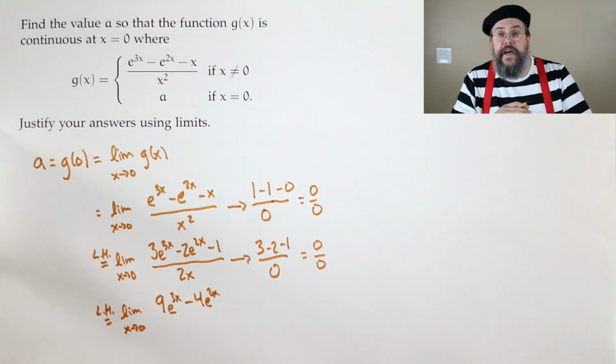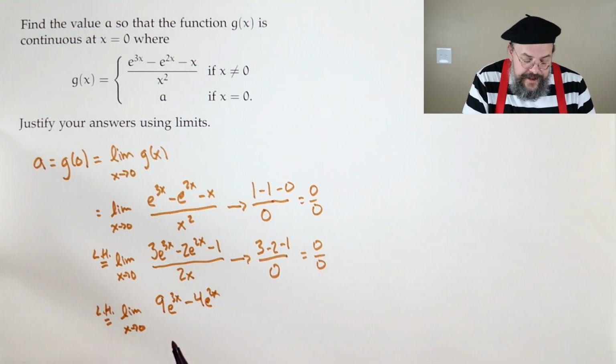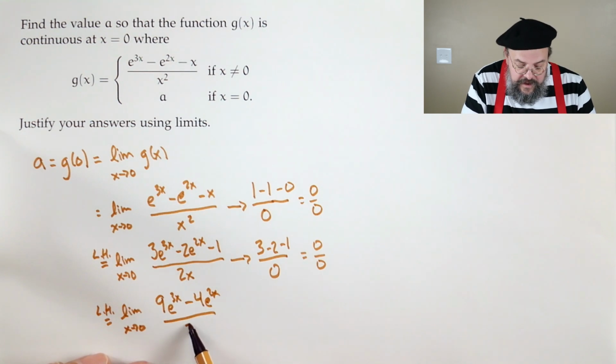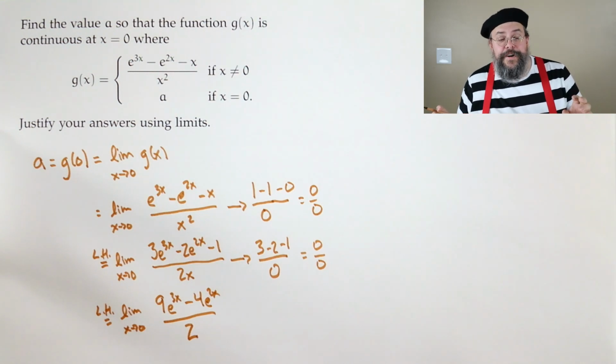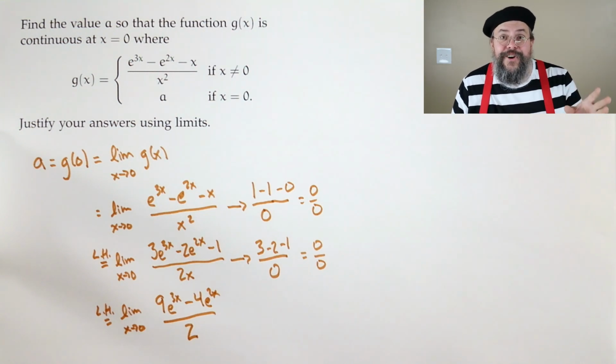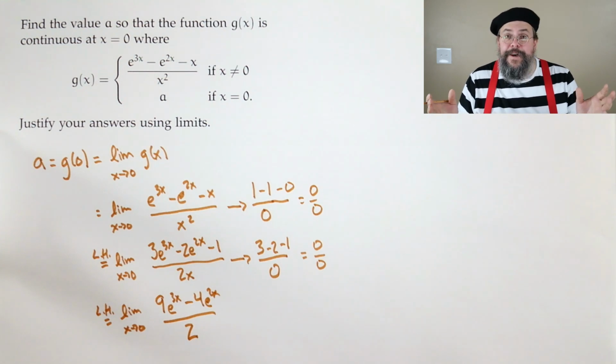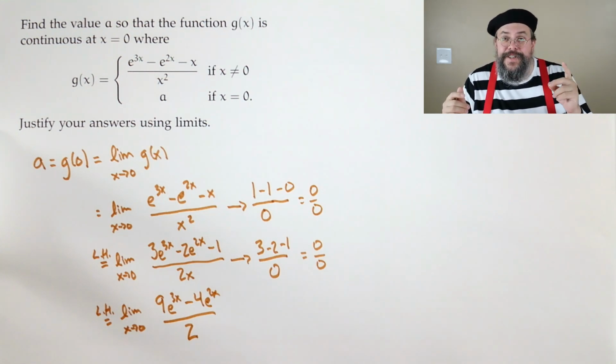Minus 1, derivative of that is 0. Downstairs, the derivative of 2x is 2. And now we see, aha, game over. Because the denominator is definitely not 0, which means we're going to get a limit.